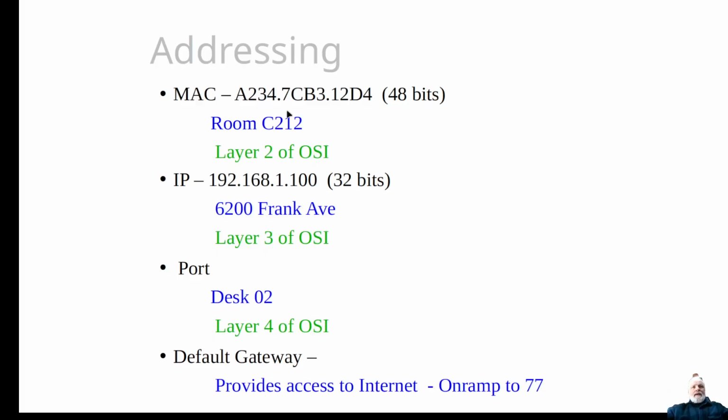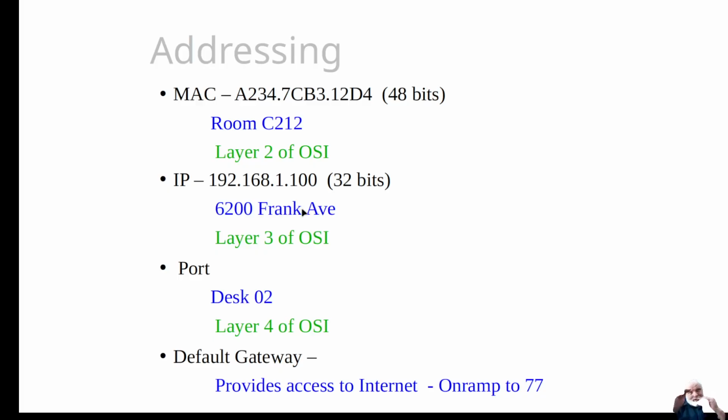And then we go to the next level, which is layer 3, which is the IP address. So if we compare this to, say, the college here, 6200 Frank Avenue, we have the street house number, and then the street itself.